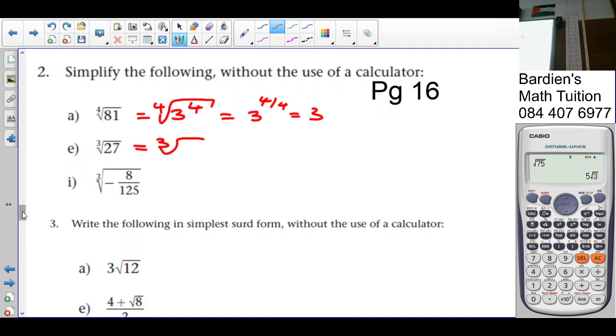Or we can say it's the cube root of 3 cubed. 3 over 3, which is 3 to the 1. The cube root of a negative will always be negative. As the cube root of 8, 2. As the cube root of 125. Okay, you guys understand?